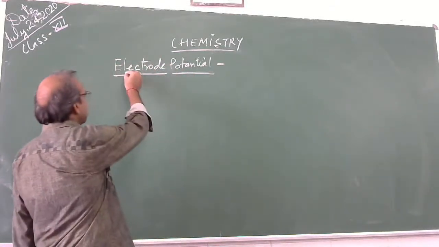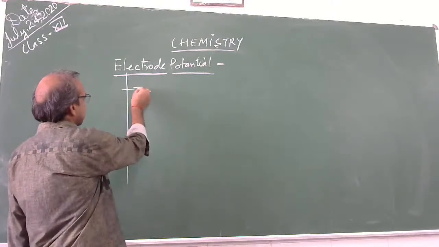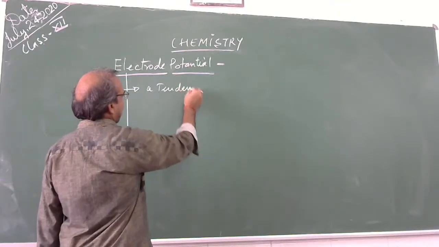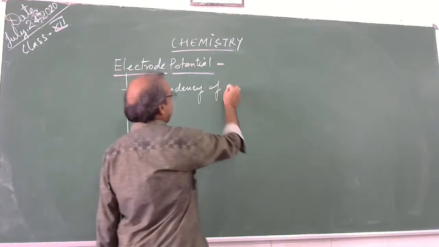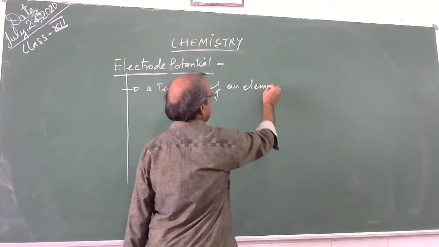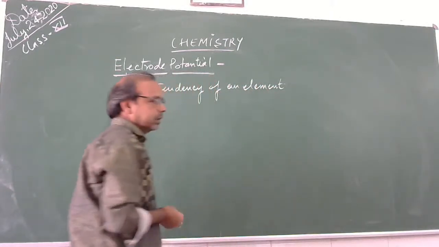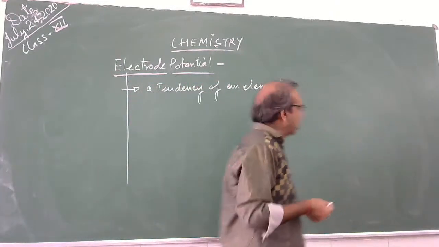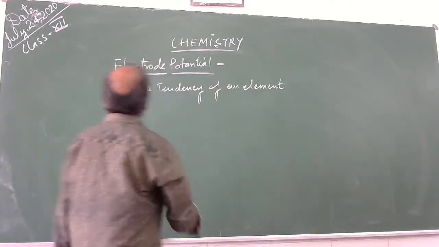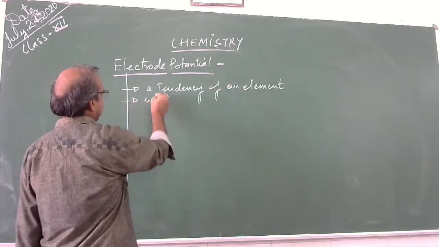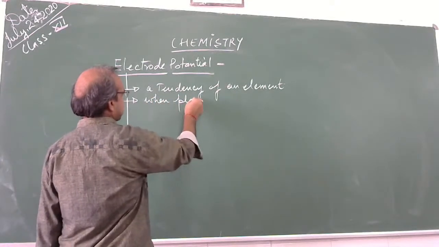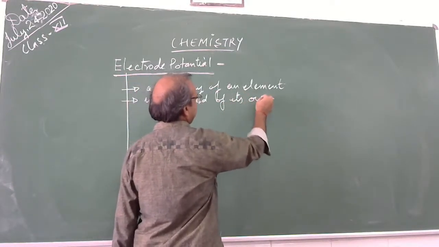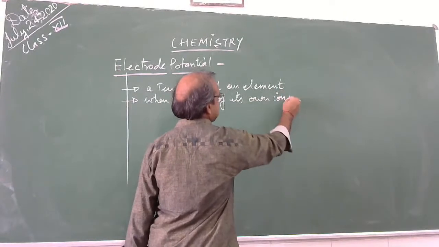Electrode potential is, number one, a tendency of an element. Number two, when placed in its own ions.